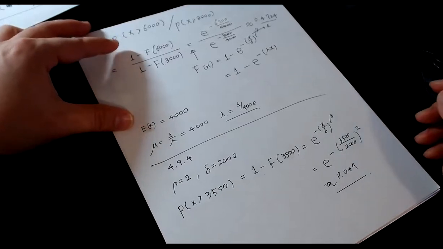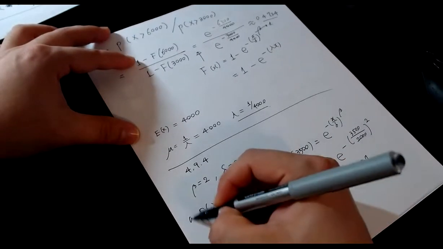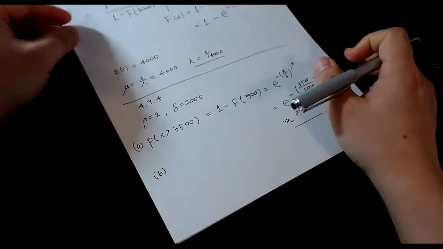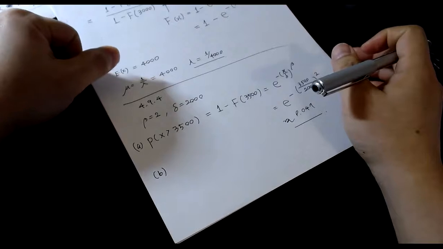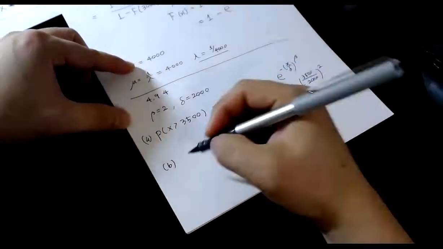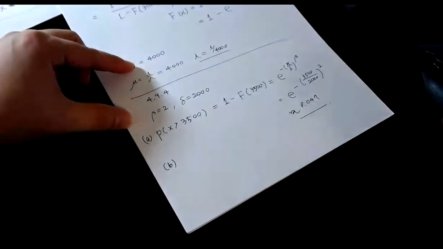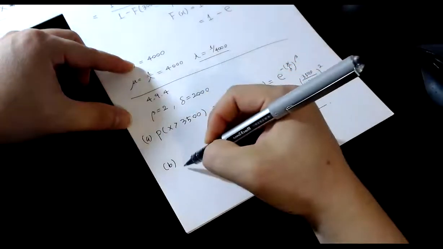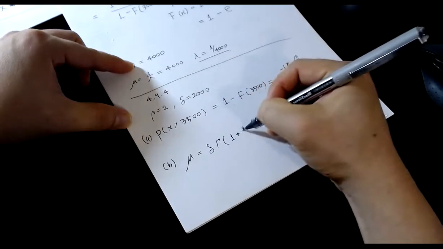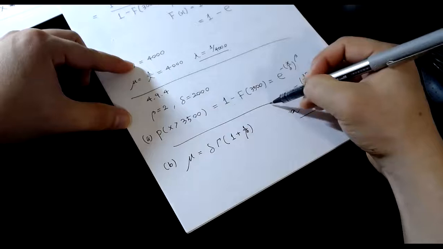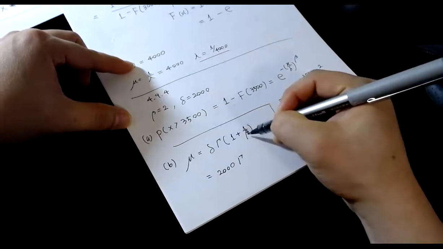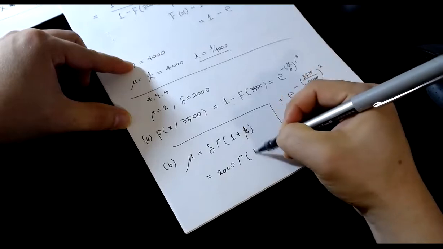Okay, all right, so now B. This is question A, and now question B. For an exponential random variable with the same mean as the Weibull distribution, we need to figure out the mean in the Weibull distribution first. The Weibull mean is going to be delta times the gamma of 1 plus 1 over beta. Delta is 2,000, and since beta is 2, we get gamma of 1.5.